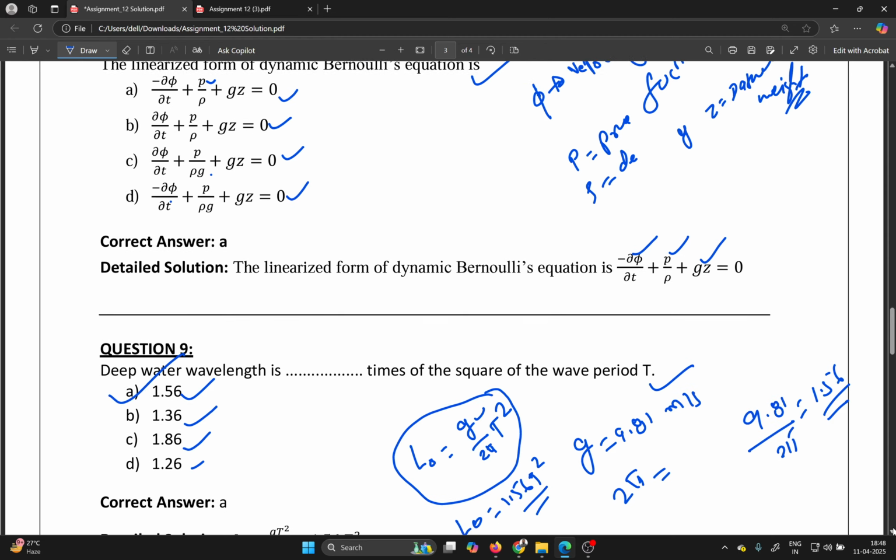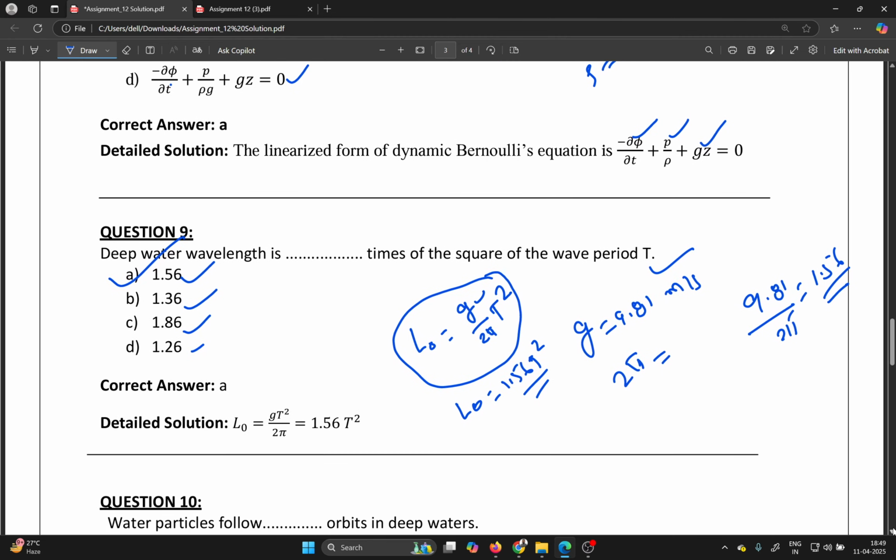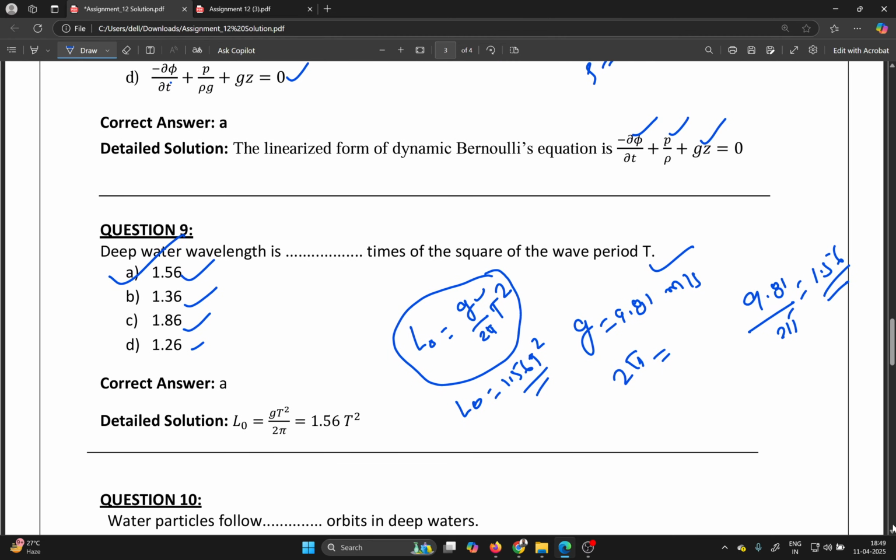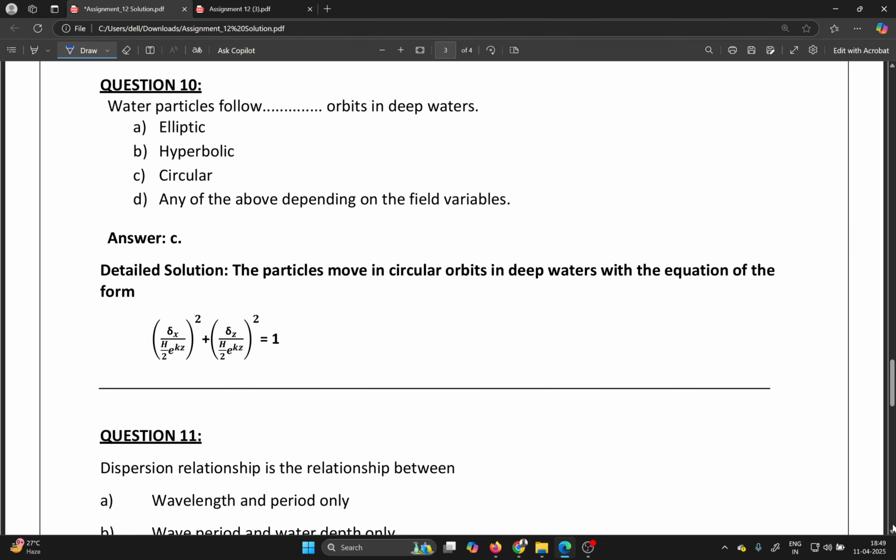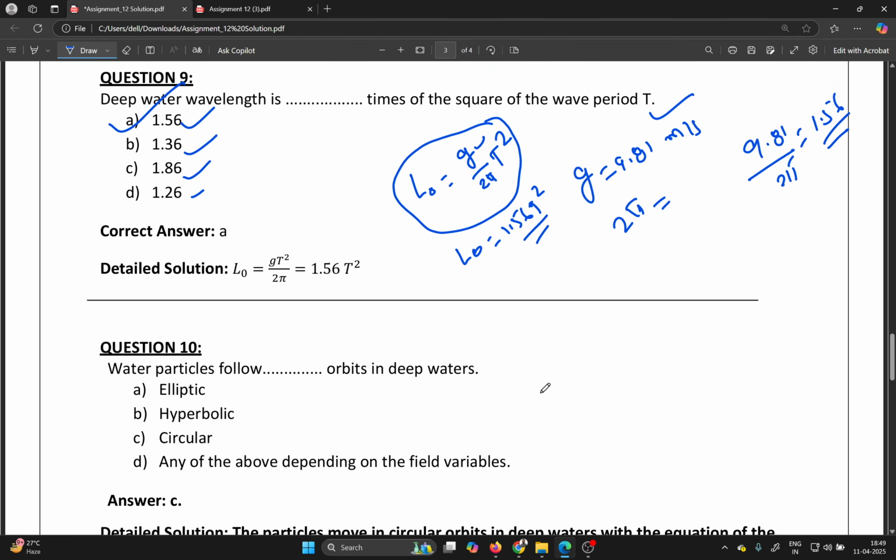Next question is question number 10. Water particle follows... Okay, here the answer is visible. The question is asking about the water particle follows which orbit: elliptical, hyperbolic, circular, in deep water.